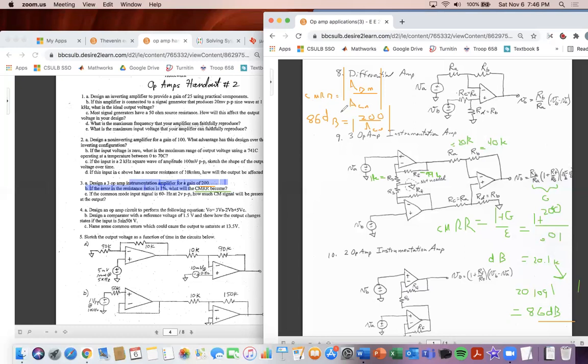Yes, that's it. Okay, sorry, I should have included 20 log here. I accidentally forgot that right in front of this. So this is 20 log right in front of this ADM over ACM. And so what you need to do is then remember the base. So here it's base 10. So 10 to the 86 decibels is going to be equal to, so we do base 10, 10 to the 86 is equal to, and then it's going to be our 200 over the ACM.